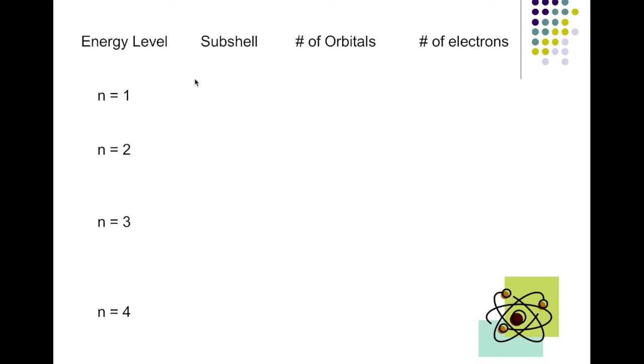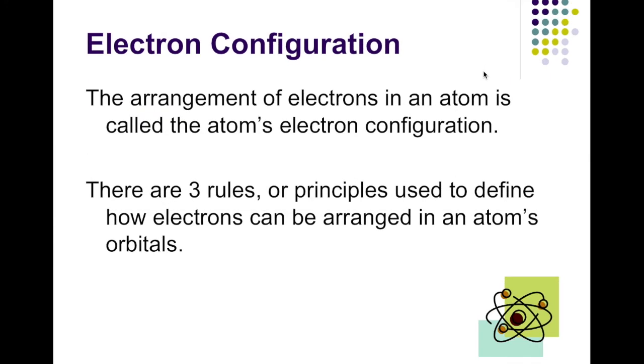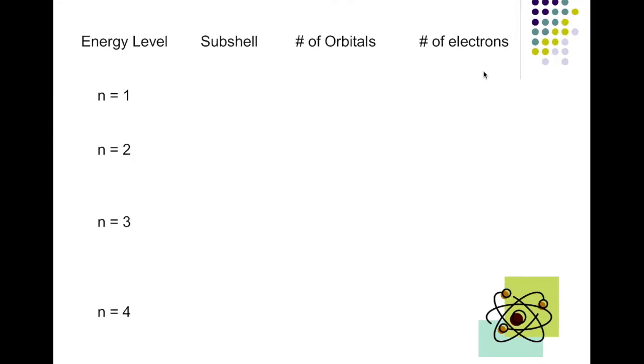So subshell 1s: the number of orbitals is 1, and the number of electrons you can have here is 2. So you have the 1s subshell, the one orbital with 2 electrons.